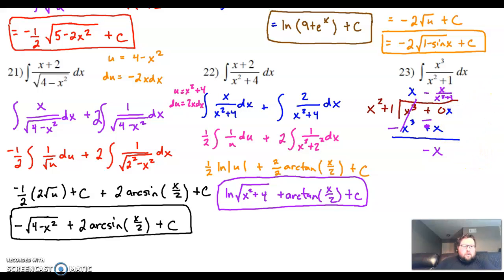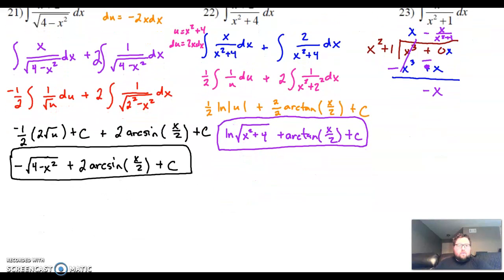All right, so our new integral will be, and I'm going to write this as 2 separate integrals, so the integral of x dx minus the integral of x over x squared plus 1 dx. All right, so the integral of x is going to be x squared divided by 2. And this integral looks like we can do a u substitution.